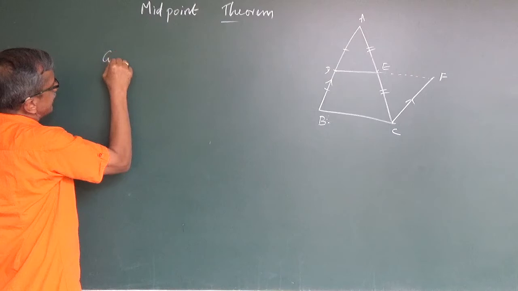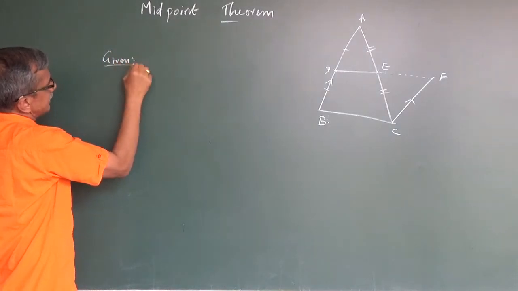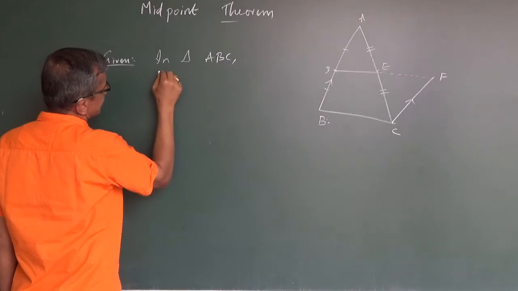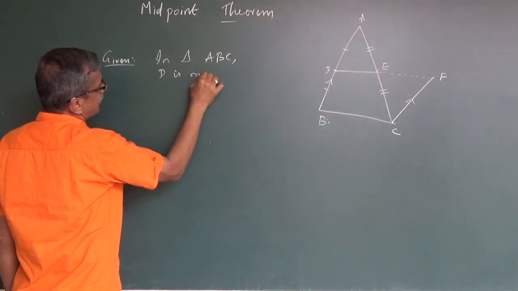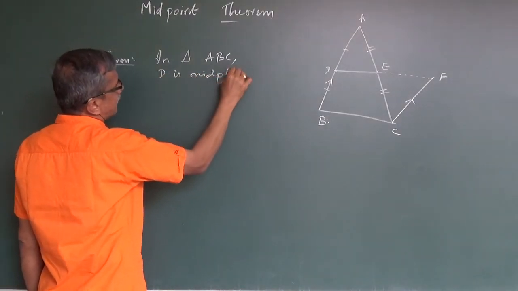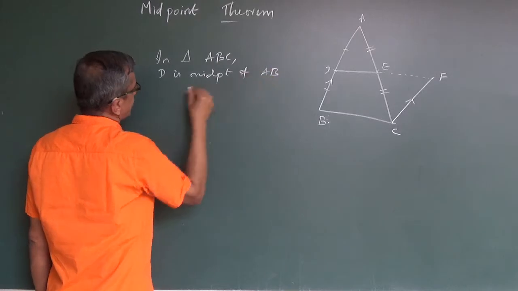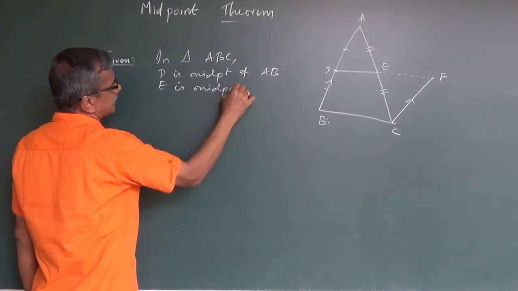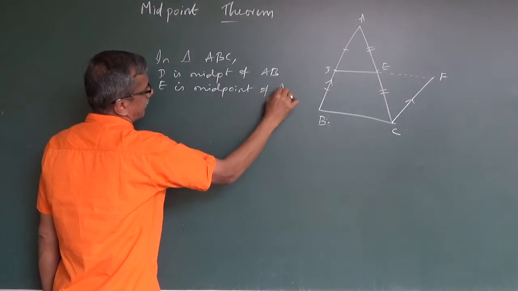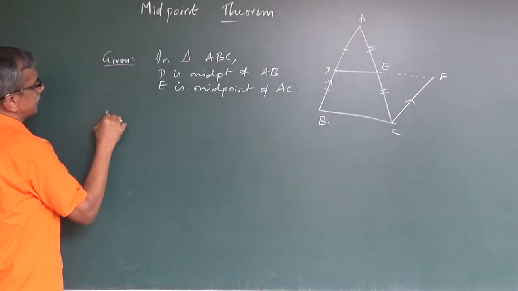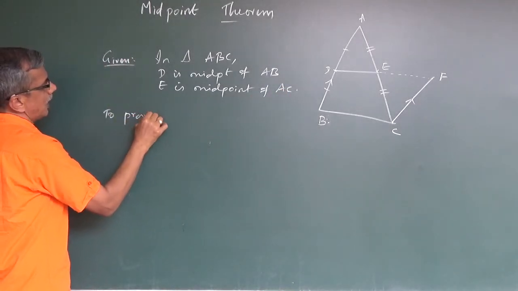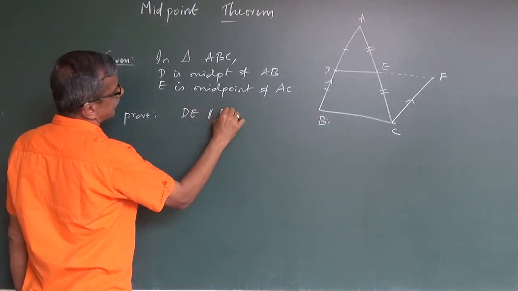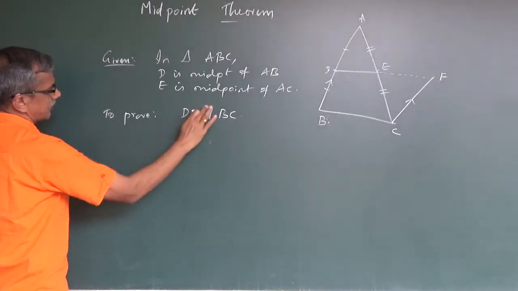Now what is given? Given is, in triangle ABC, D is the midpoint of AB and E is the midpoint of AC. And what I have to prove? I have to prove that DE is parallel to BC.